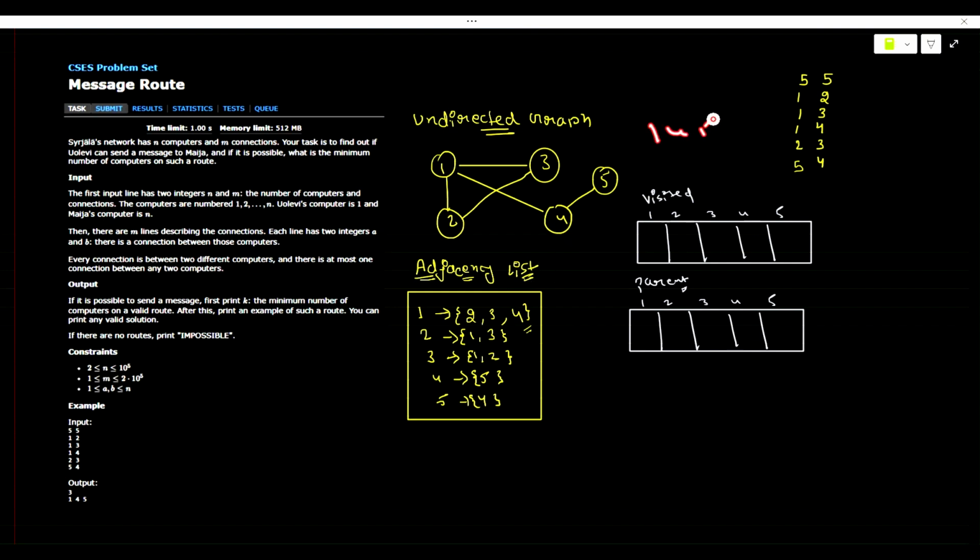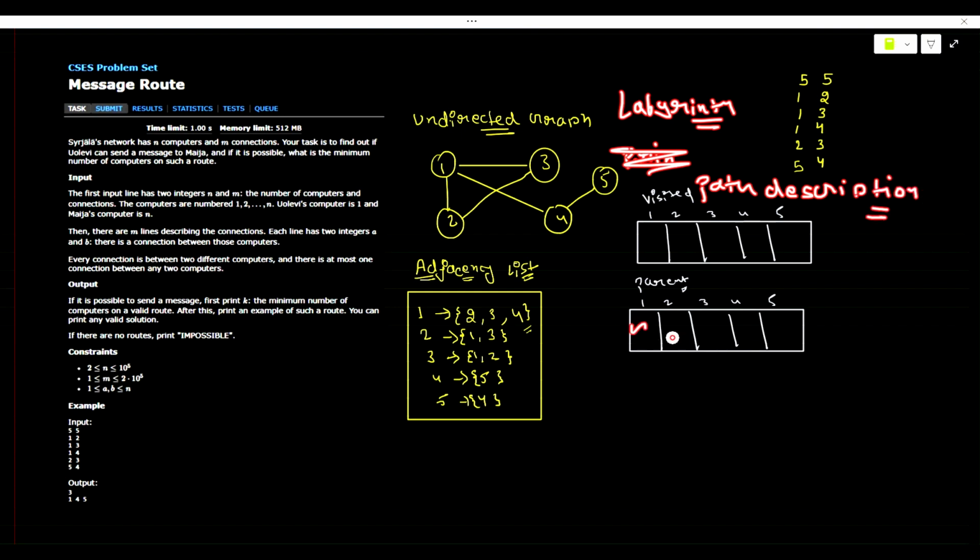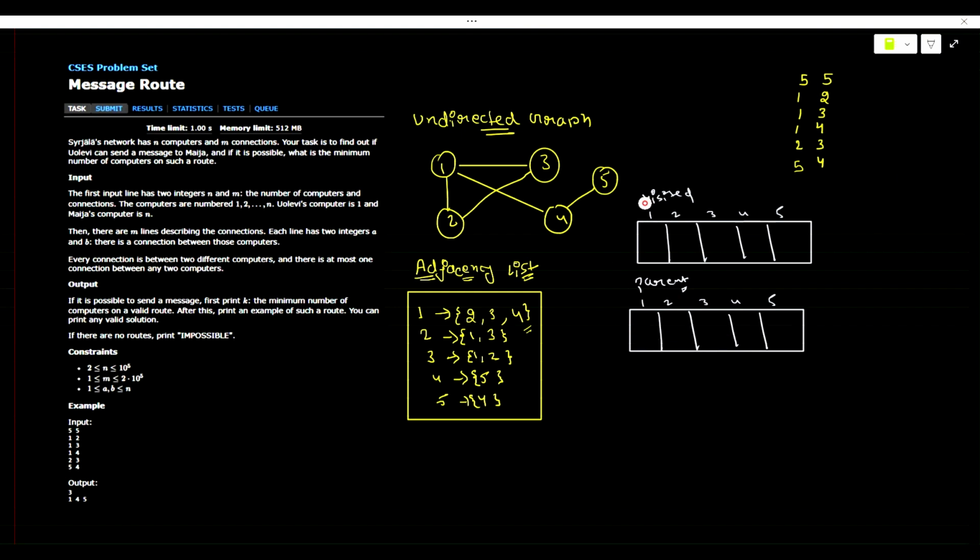The similar problem we had done, which is labeling, in which we print the path description using a parent array, right? And we also found that there is a path between A and B by using BFS.